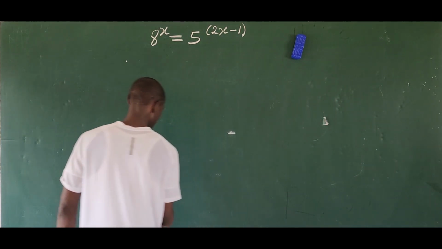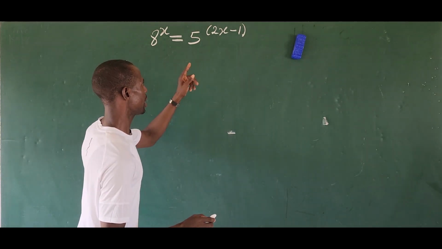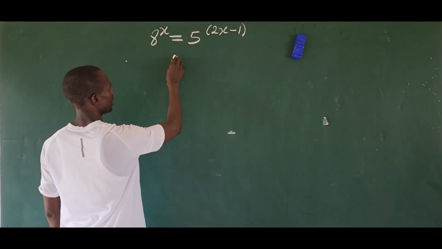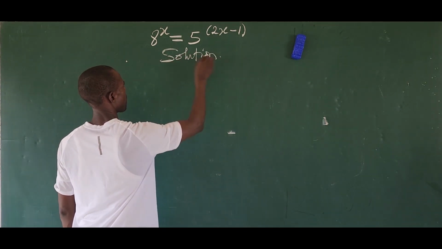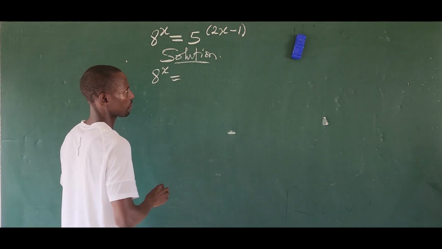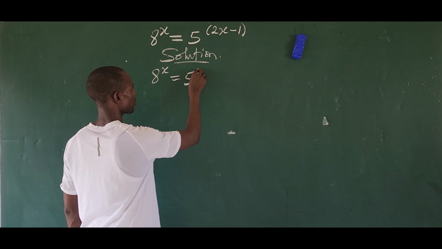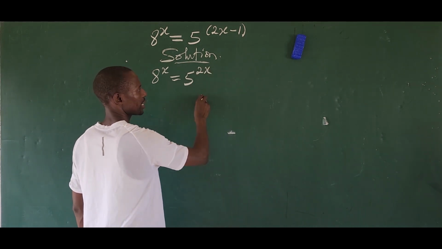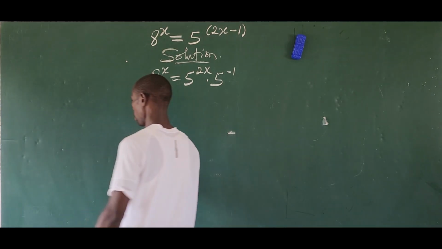Now, I'm going to apply some simple rules of indices to simplify this. So let's take our solution first. Here we have 8 to the power of x equal to, and this very well could be written as 5 to the power of 2x times 5 to the power of minus 1.